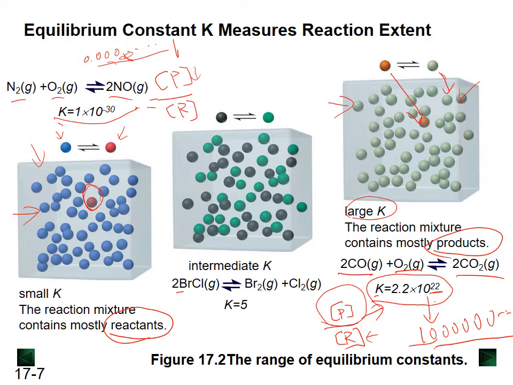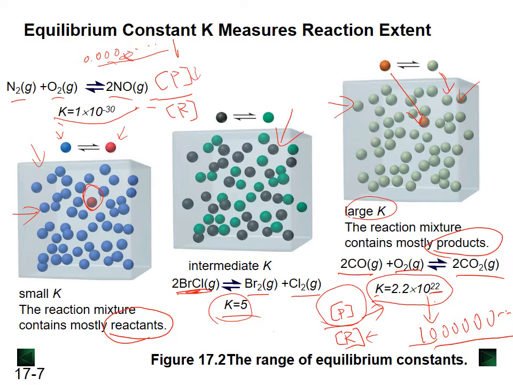Now for bromine chloride, the reactant forms bromine and chlorine gas, and this gives you an intermediate K constant of 5. Again, K is product divided by reactants. If we have a moderate K, that means reactants and product are comparable.